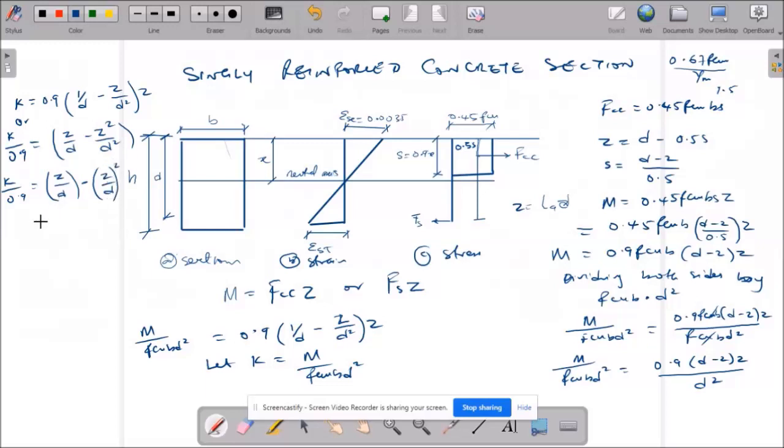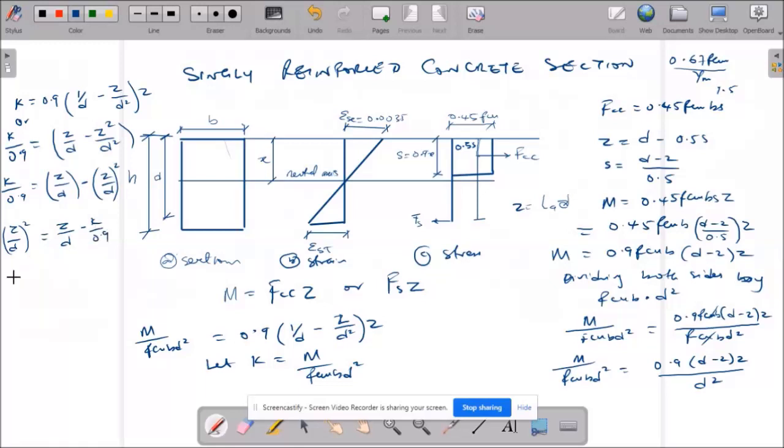So we have this, and this is still the same thing as, we can take this one to this side, it can be Z over D squared is equal to Z over D minus K over 0.9.